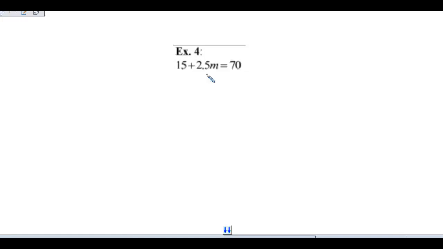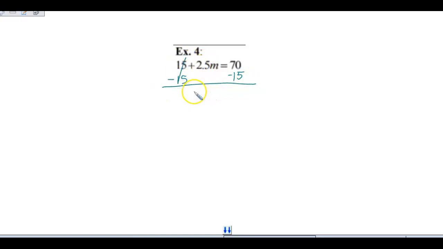The first thing I need to do is move what? If you said the 15, you are correct. Because it's a positive, to make this 0, I need to subtract 15 from it. So I'm going to subtract 15 from both sides.